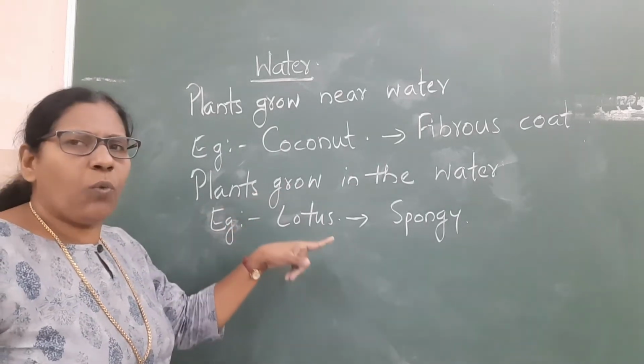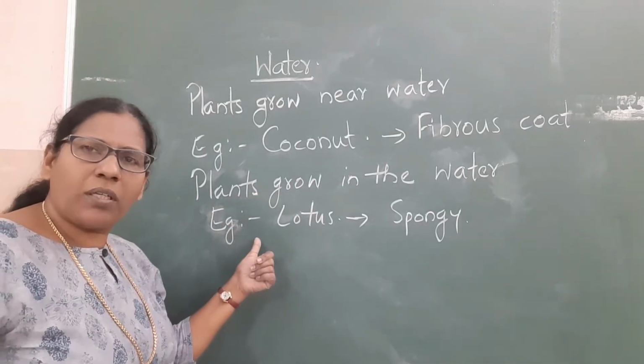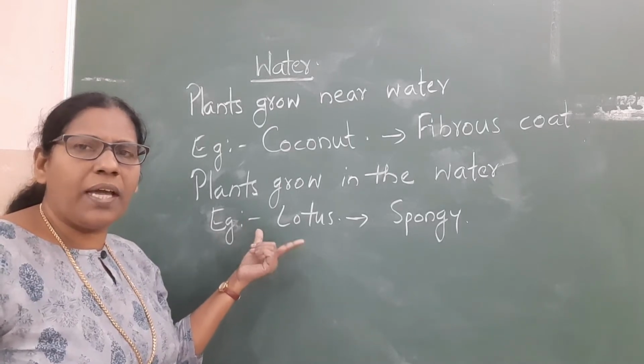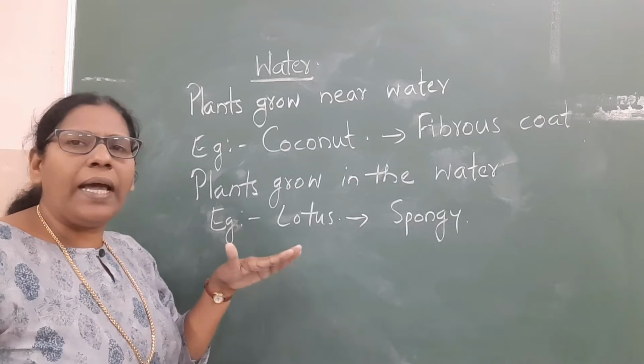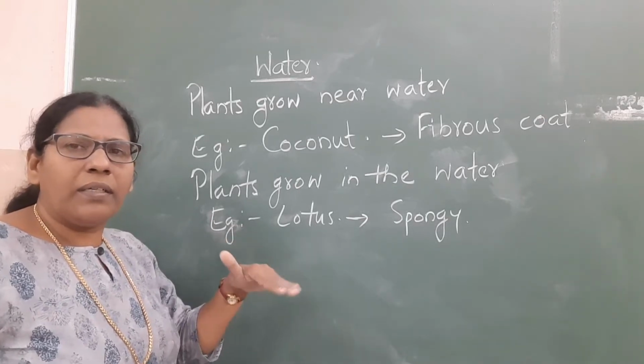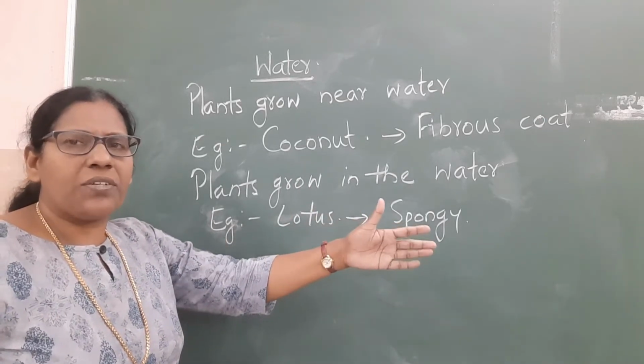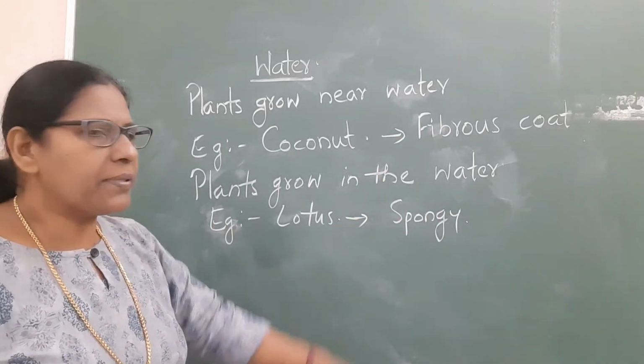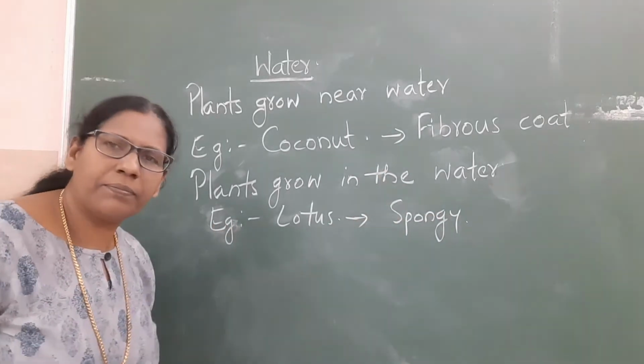Plants that grow in the water, for example lotus. Lotus seeds are spongy and also float in the water, and the water carries these seeds to a different place, and dispersal takes place.